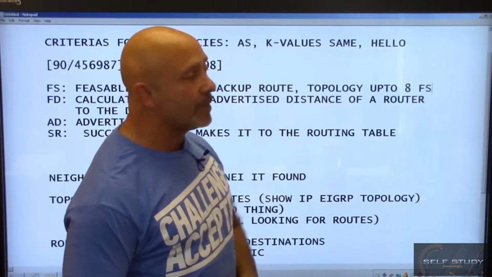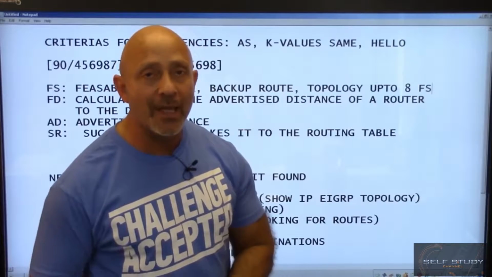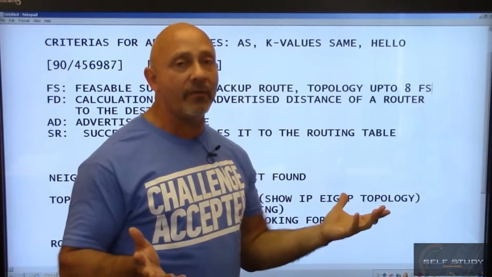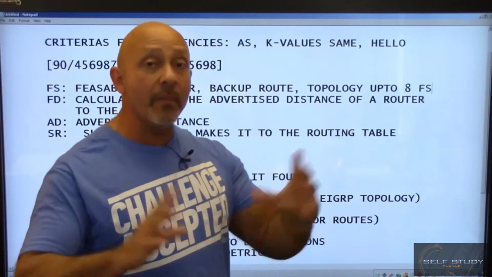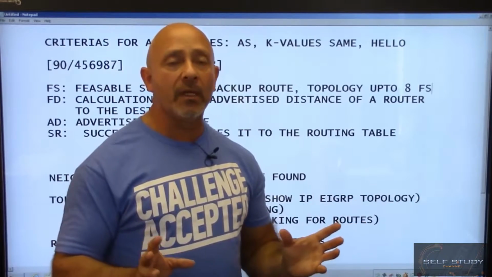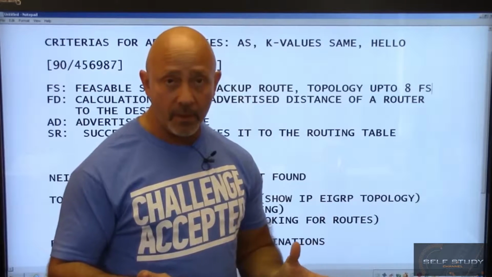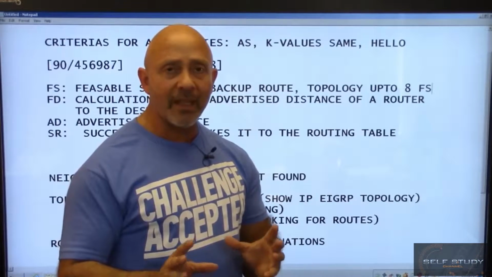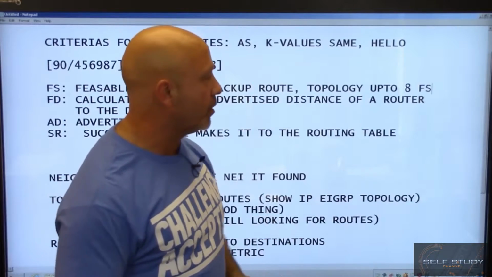But again, you can have up to 8 feasible successors in your particular network. In our network, we're not going to have any feasible successors. We may do another lab so I can show you, or I can show you on this one, how you can change the bandwidth of a particular interface and make it go in one direction or the other.